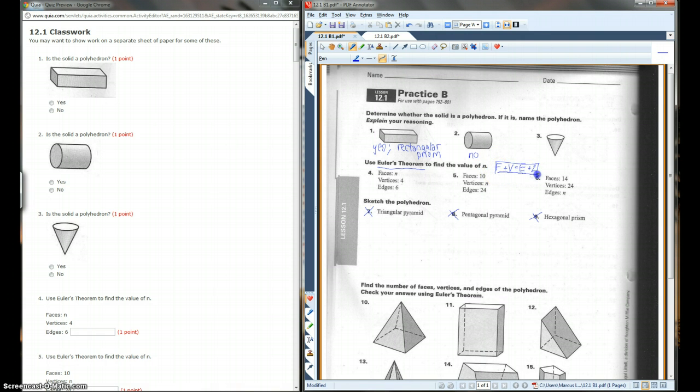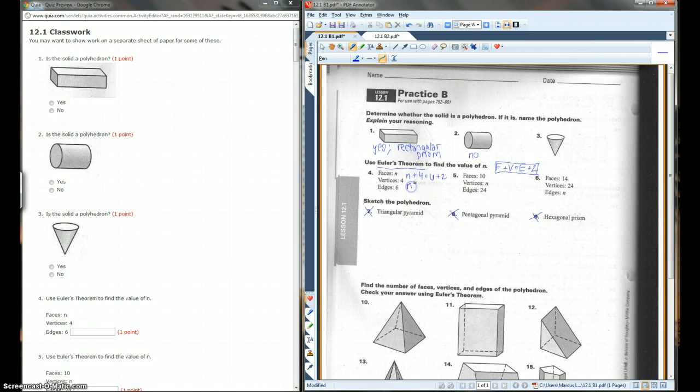So for example, over here it says the faces are unknown. The vertices, there are 4 of them. There are 6 edges. So I have plugged these values into this equation over here.